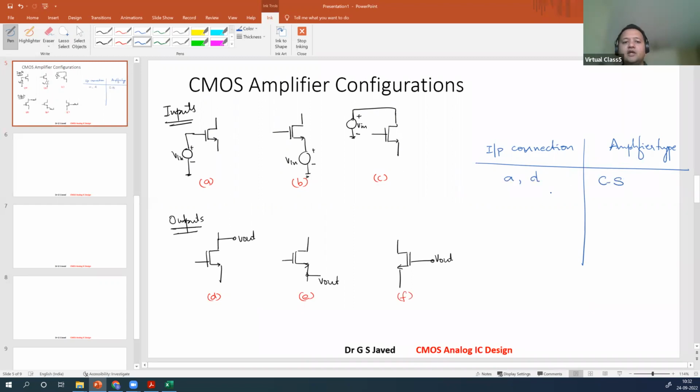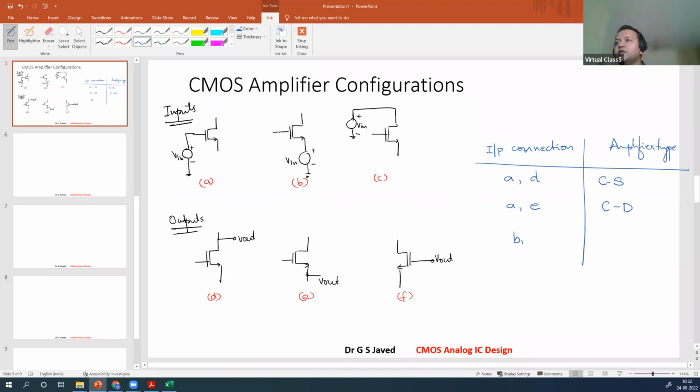Okay. Next, if your input connection is again A and you're taking the output at E, right? What is the common here? Gate is where you are giving the input, source is where you are taking the output. So what is this called? This is called common drain amplifier. Next, what happens if you give it at which is here B? If you give the input at B, what will happen?